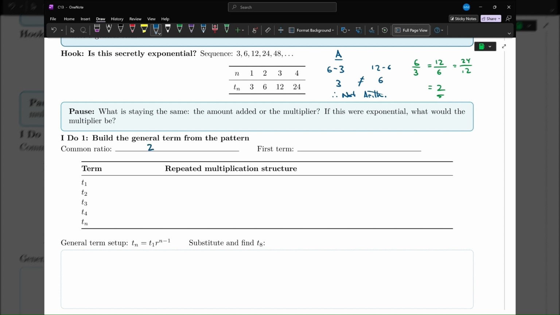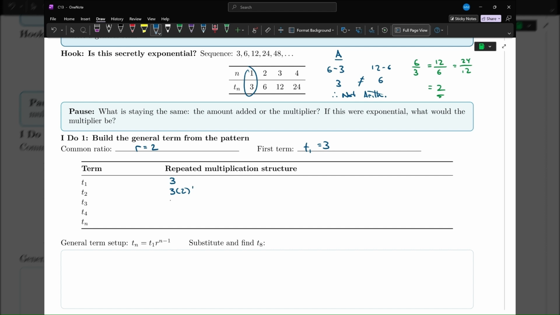And my first term is 3. I'll write these with variables. So r is our common ratio, r is 2, and my term 1 is 3. As I build up my table with repeated multiplication, term 1 is just 3. Term 2 is 3 times 2 one time.